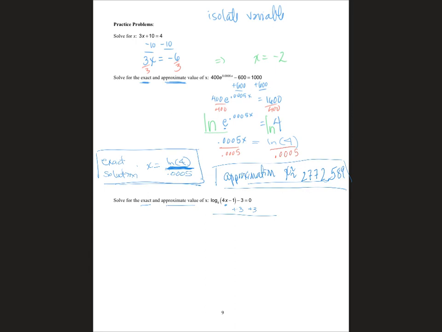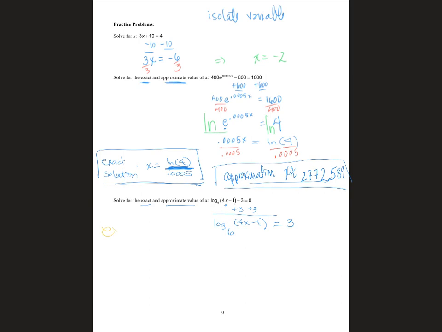So I'm adding 3 to both sides. That's going to give me log base 6 of the argument 4x minus 1, that's the input, equals 3. Now, I see a log base 6 of an argument. How can I possibly get rid of that logarithmic part of the left-hand side of the equation?